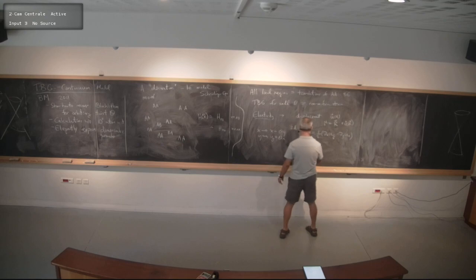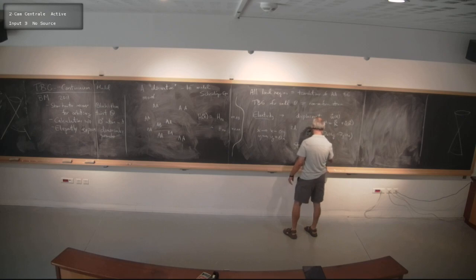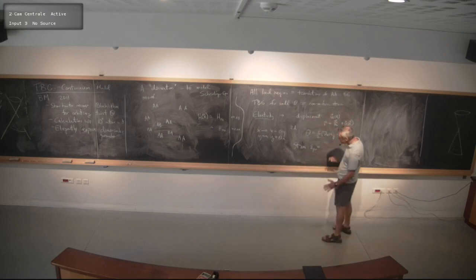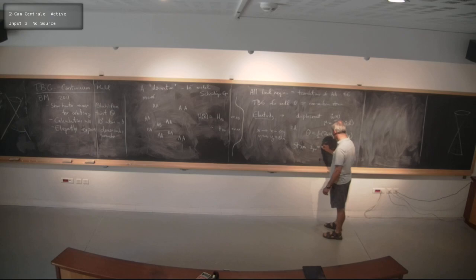So usually, in elasticity, you learn that the strain tensor, epsilon mu nu, which is the only thing that an ordinary solid's energy can depend on, is a symmetric combination.